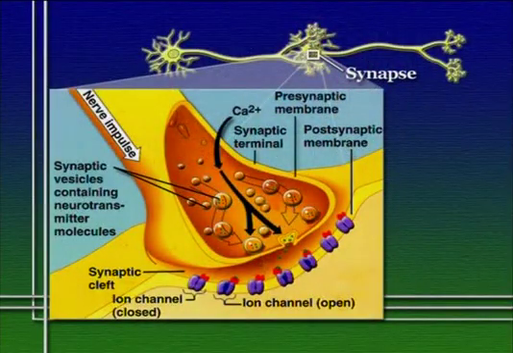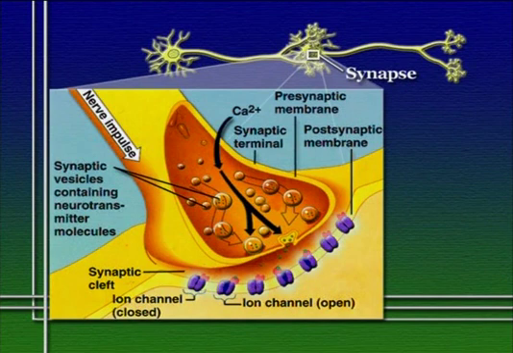Now, if we looked in detail at the postsynaptic side, that is the membrane of the cell that's receiving the signal, what we would see are receptors that were specific for that neurotransmitter, transmembrane receptors that would specifically bind with the neurotransmitter on the extracellular surface, and using the same kinds of cell signaling mechanisms we saw before, cause changes on the inside of that cell, which would, through second messenger systems or a variety of other mechanisms, open up gated ion channels.